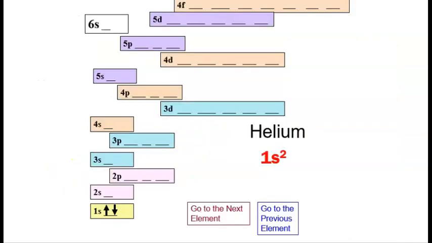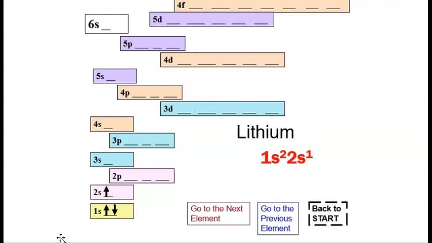So in this example, you can see helium. Helium has 1s2, so its 2 electrons go in the 1s, and you have to fill out your energy level, so it has 2 total electrons. The next element, which is on period 2, group 1A, is lithium, and it has 3 electrons. So you fill out your first level, 1, 2, then 3 goes in your 2s group.